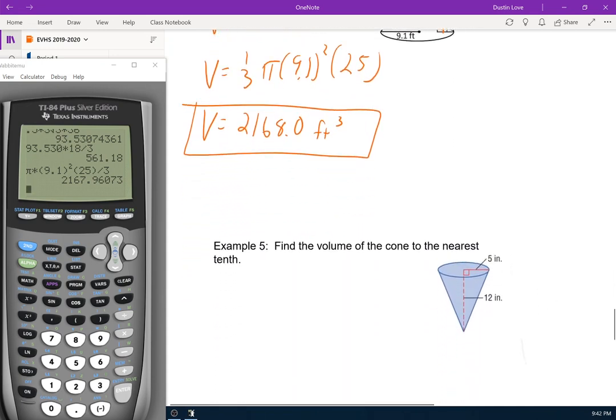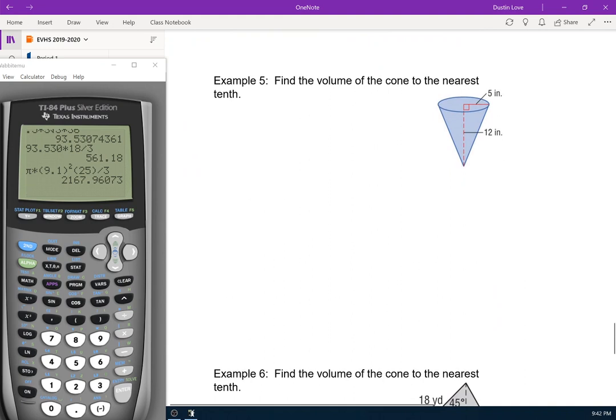And now, example 5, volume equals 1/3, not area of the base, pi r squared h, 1/3 times pi, looks like r is 5, and h is 12.